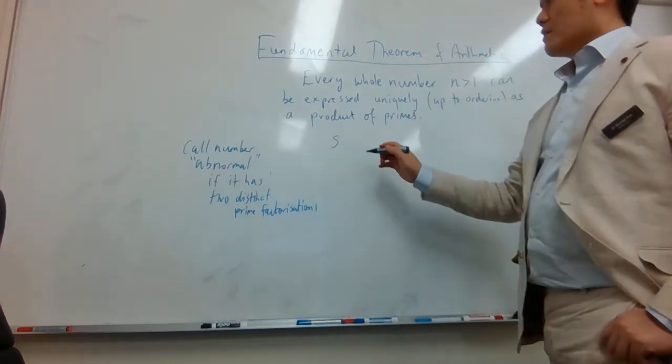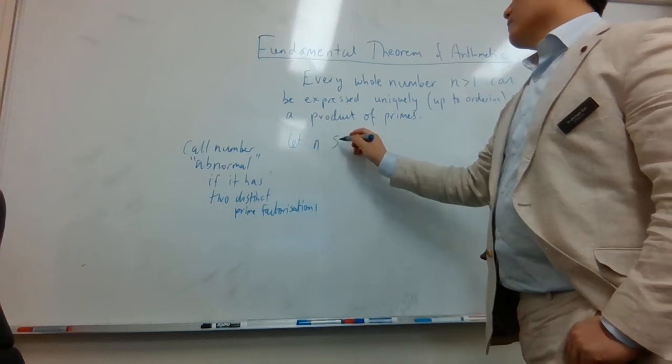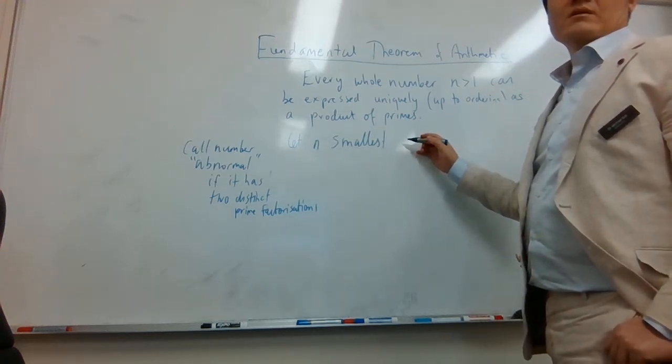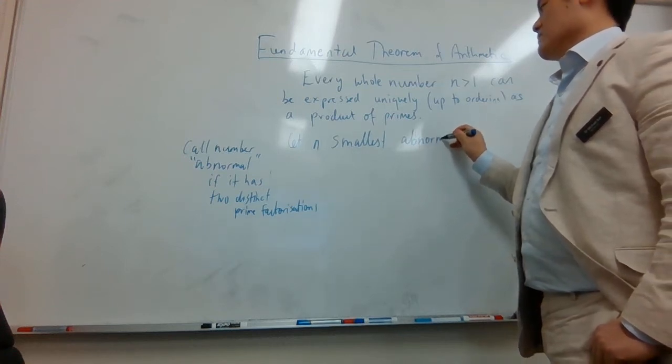And then let n be the smallest abnormal number. Does that make sense?